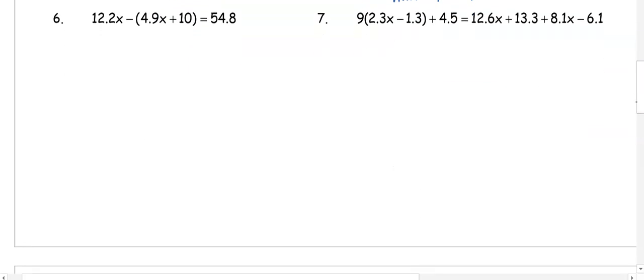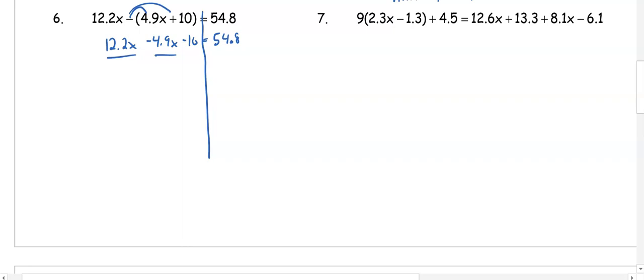Number 6, when I am solving, there is a negative sign outside our parenthesis that we need to distribute. So we get 12.2x minus 4.9x minus 10 is equal to 54.8. Now, if we notice on the right-hand side, we just have a number, but on the left-hand side, we have two x's that need to combine together. So 12.2.